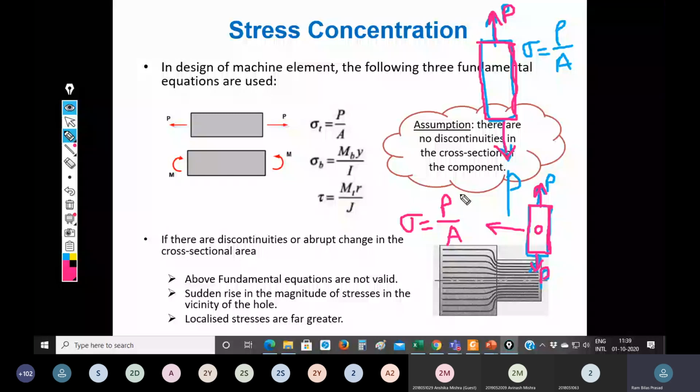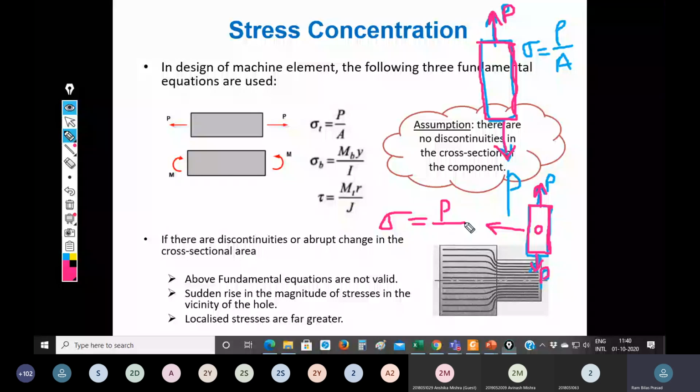No, sir, you cannot use it. Why can you not use it? Because there is a hole. Then what should we do? If we cannot use sigma equal to P by A, then how can we determine stress?